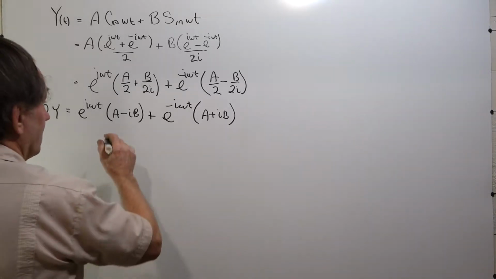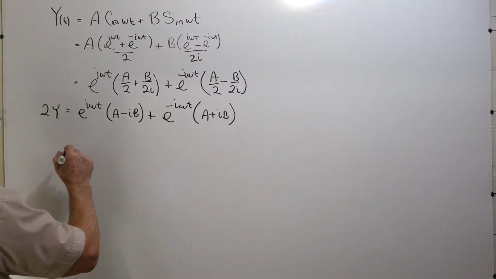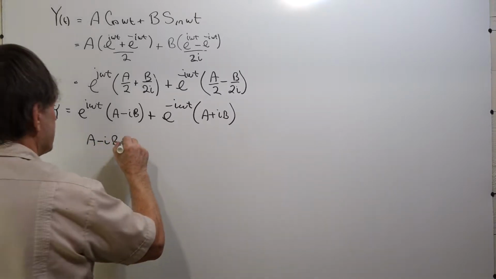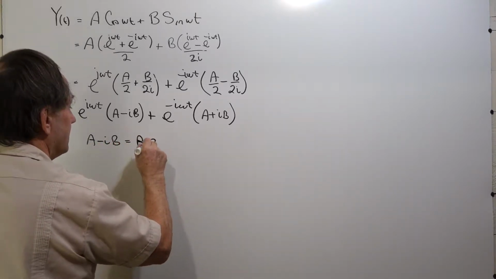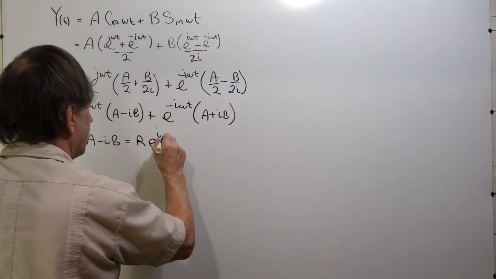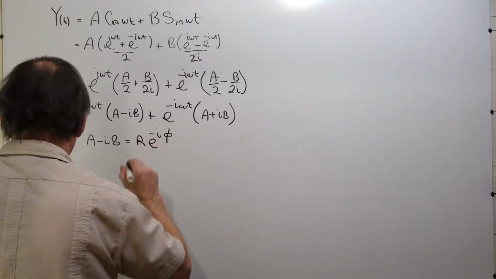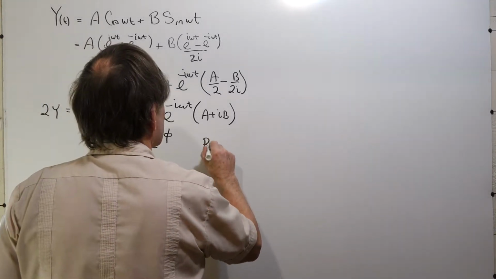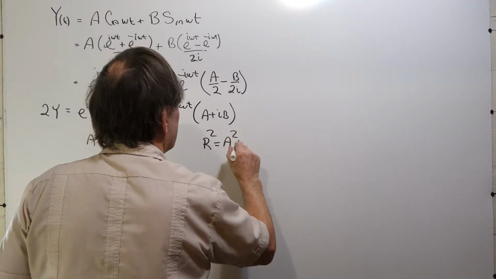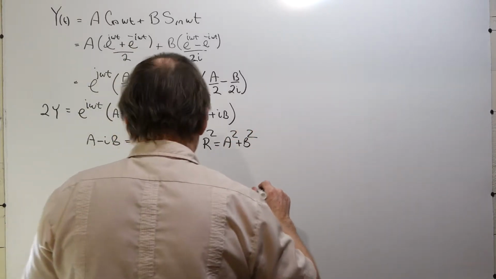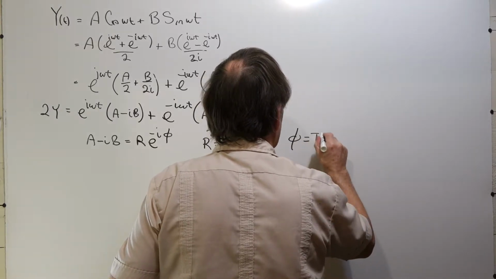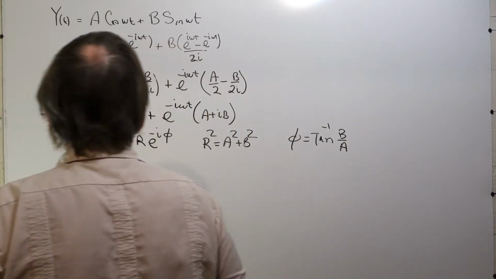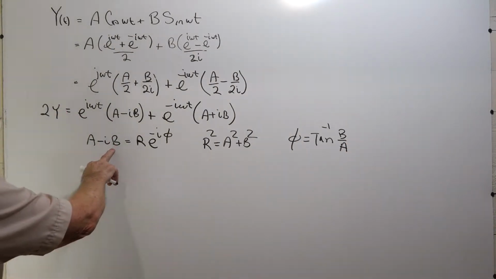Now, I'm going to look at these two complex numbers. A minus jb, I'm going to represent this as R e to the minus j phi, where R squared is a squared plus b squared, and phi is the angle whose tangent is b over a. That's what this complex number represents.